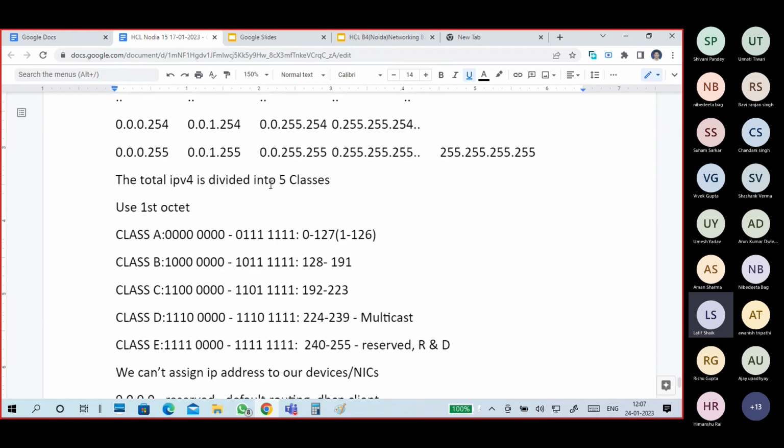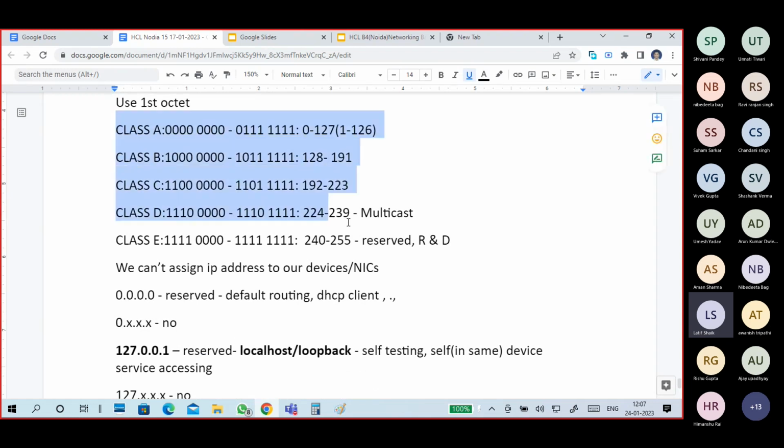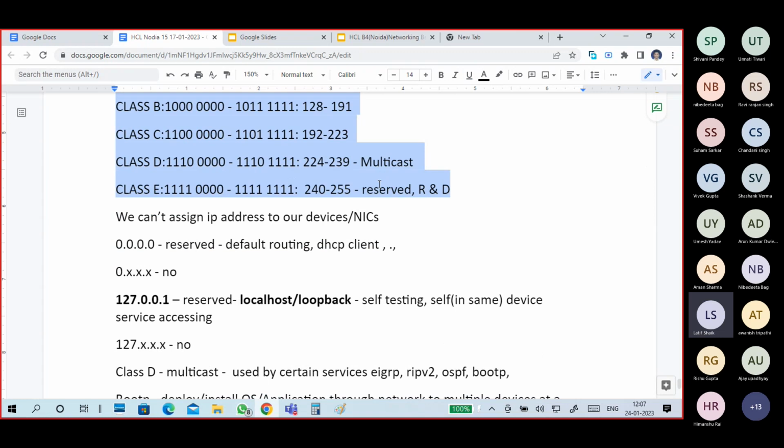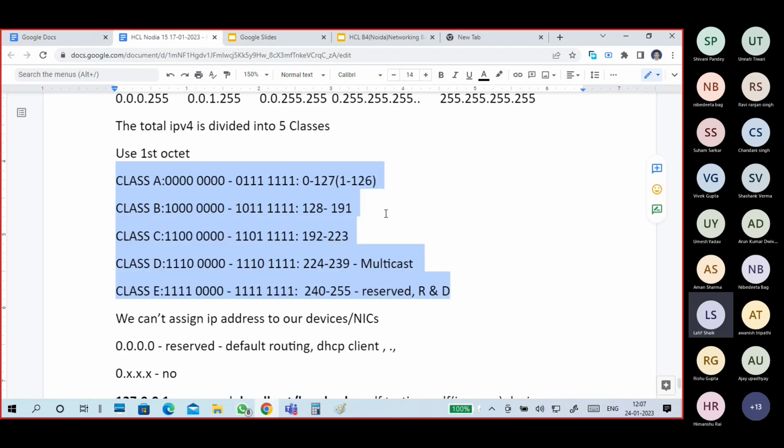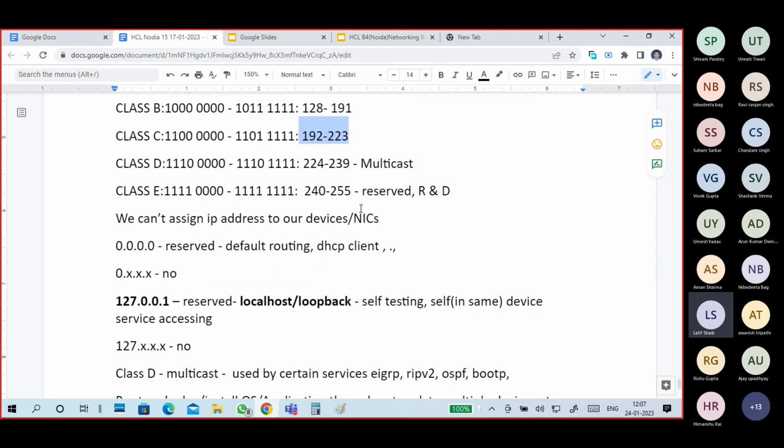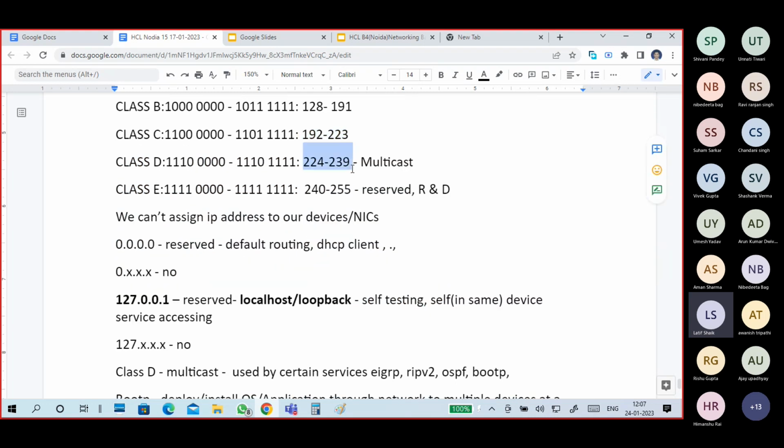This total range is divided into 5 classes: class A, B, C, D, E. Class A range is 0 to 127, class B is 128 to 191, class C is 192 to 223, class D is 224 to 239, and class E is 240 to 255. Class E is reserved for R&D in future purposes.